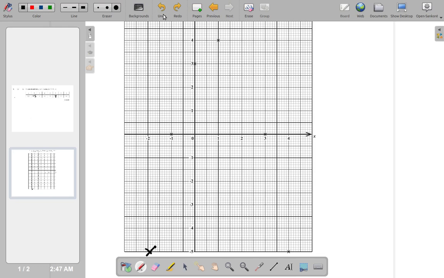My mark there is a bit messy. Don't use a dot, use an X, or you could use a dot with a circle around it, to plot your graph.